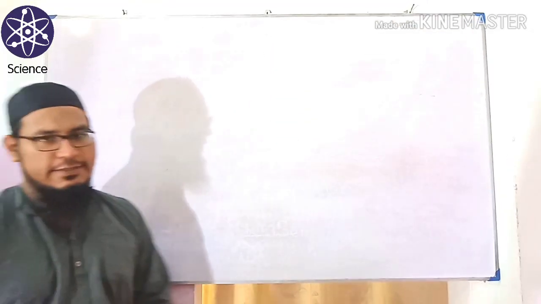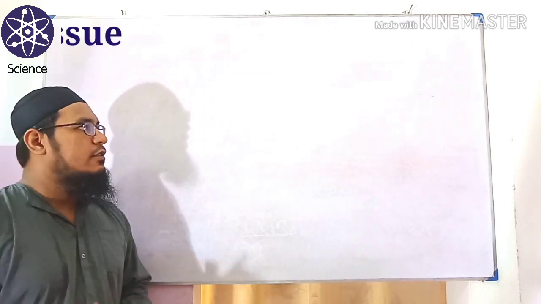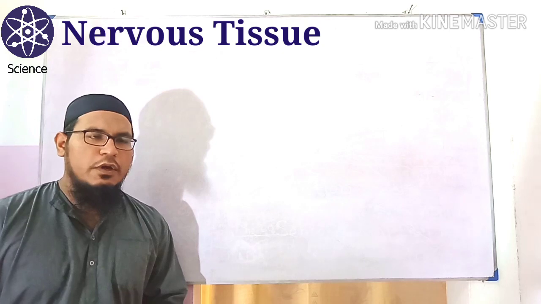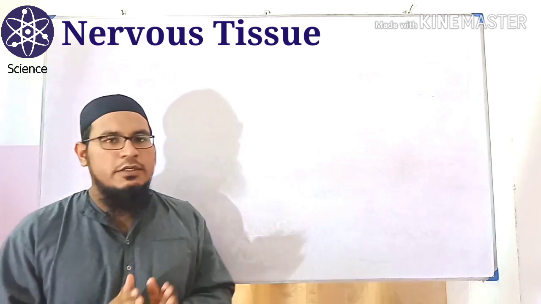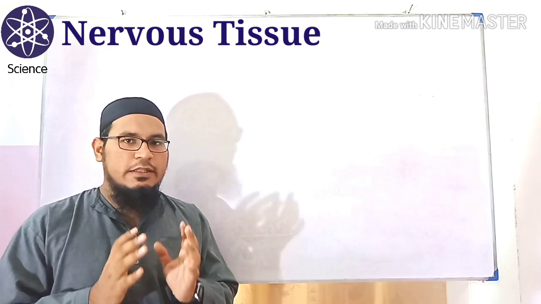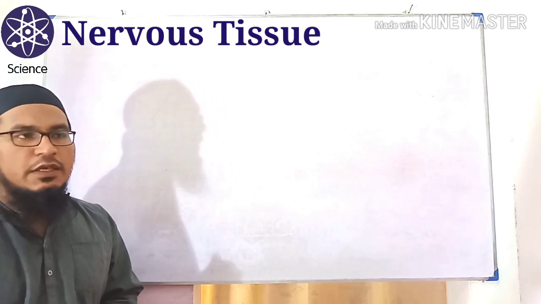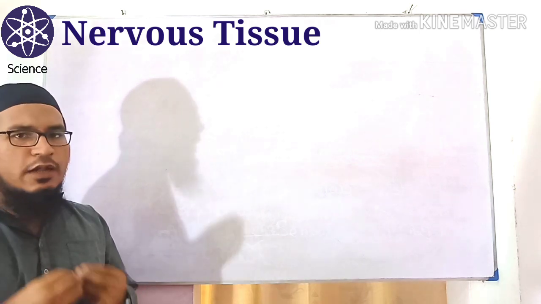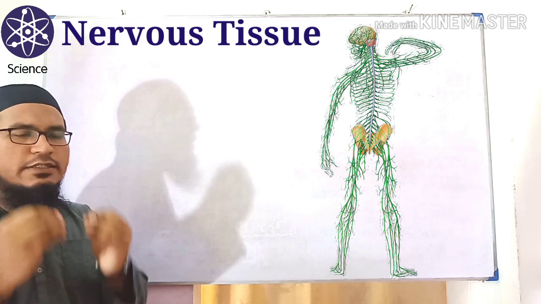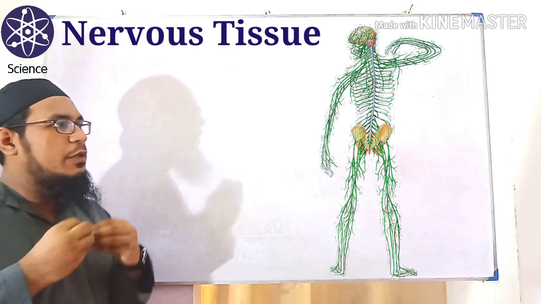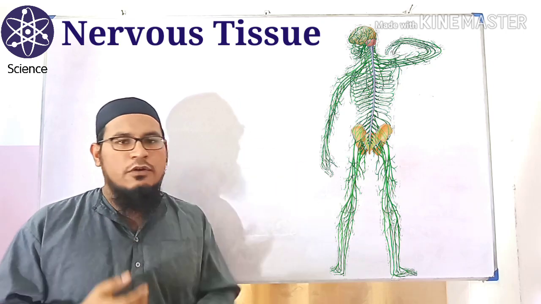Now let's move on to the next section of animal tissue, the final section, that is the nervous tissue. Nervous tissue is one of the most important tissues present in the chordate body because it transmits impulses. If impulses are not transmitted in our body, we cannot do anything. If our nervous system is damaged, we will be in a position where we cannot raise our hands or even talk.